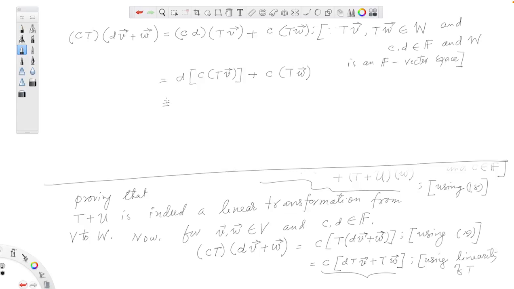So from which we execute definition 19 again.